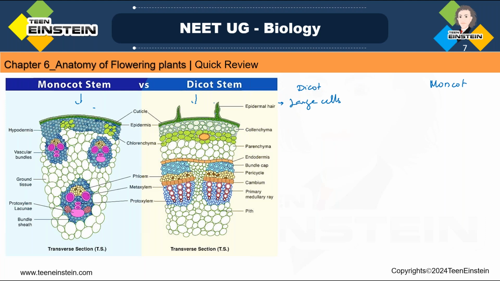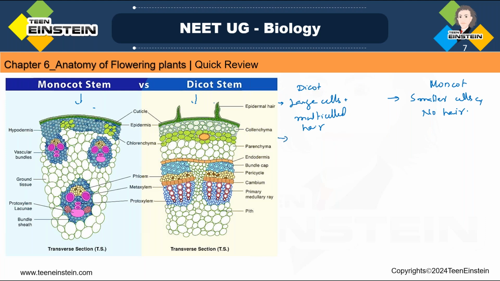Hairs that have many cells. What about monocot stem? In monocot stem, compared to the dicot stem, the cells are smaller and they don't have hair. Smaller epidermal cells, and no hair. This is about the epidermis.